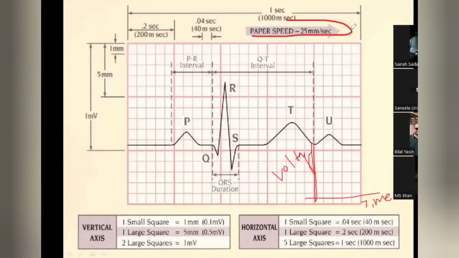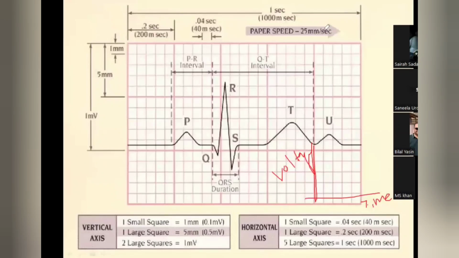Which means, going up here, this is the paper speed. When I say the 5 large squares are equal to 1 second, it means that the ECG paper speed is set at 25 mm per second, which means 5 large squares have to cross in 1 second.